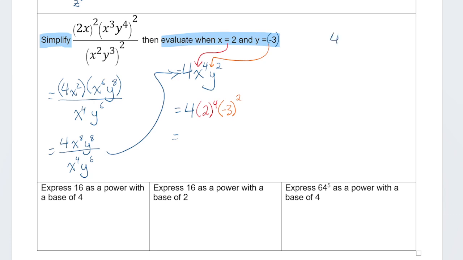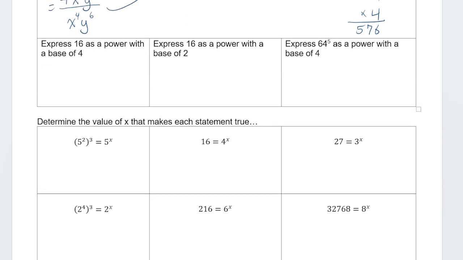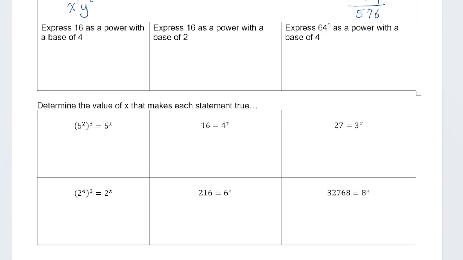So we've got 4 times 16 times 9. So 16 times 9, 54, and then 90, so that's 144. And then 144 times 4, we've got 16, carry the 1, 17, carry the 1, 4, 5, 576. Unless I botched it, which would be really embarrassing, but hey, it's a video. I can't see you if I've done something dumb.